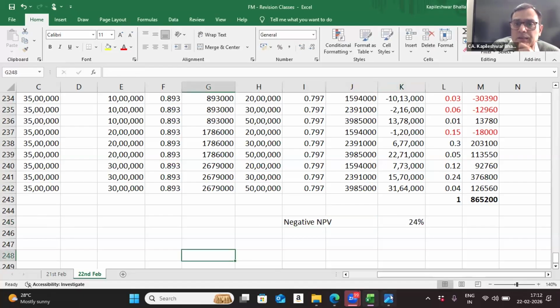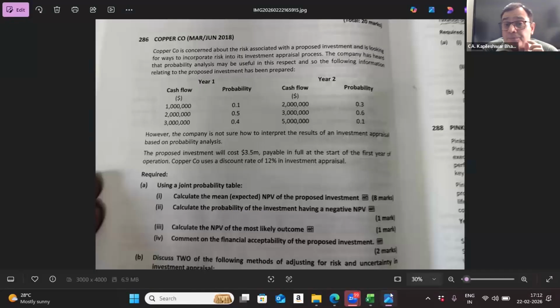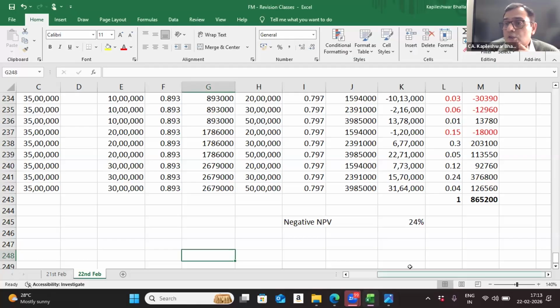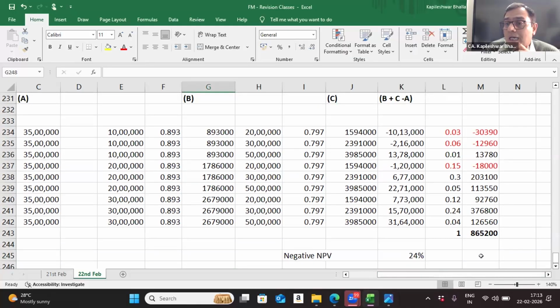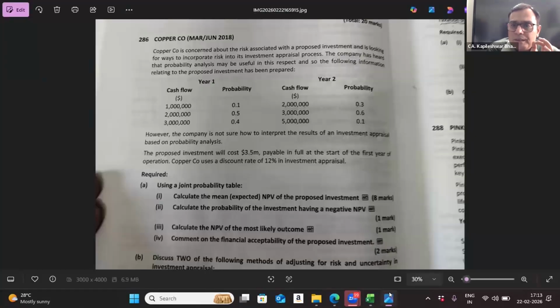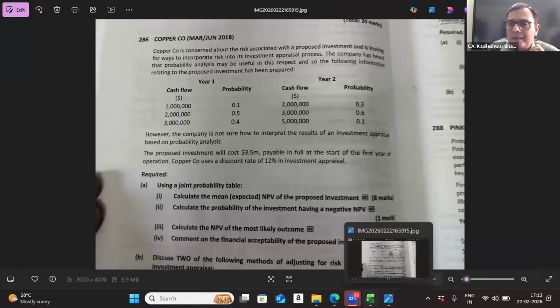Right. So this is another input. Then it says calculate the NPV of the most likely outcome. So which particular one has got the highest probability of occurrence? I guess the highest probability of occurrence is, the most likely one, I guess 24% again. What does the question say, the NPV of the most likely outcome?